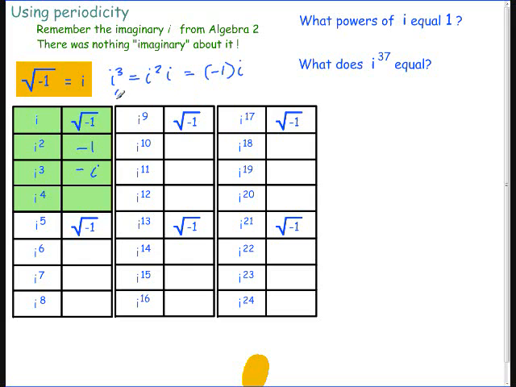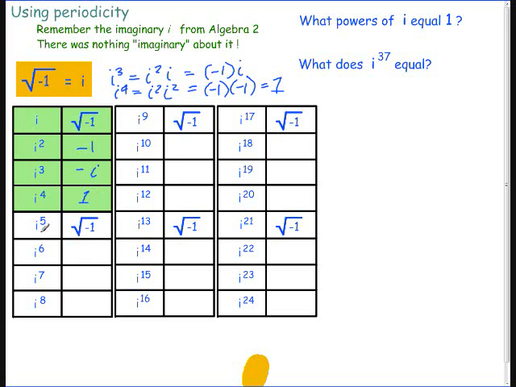And then i to the 4th is the same as i squared times i squared, which would be -1 times -1, which would of course be a +1.